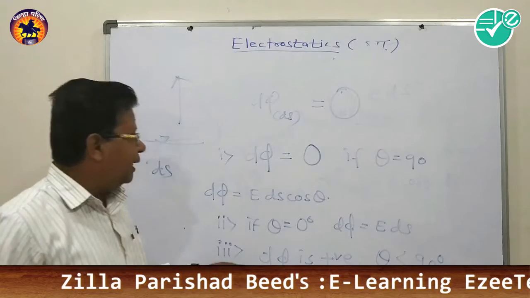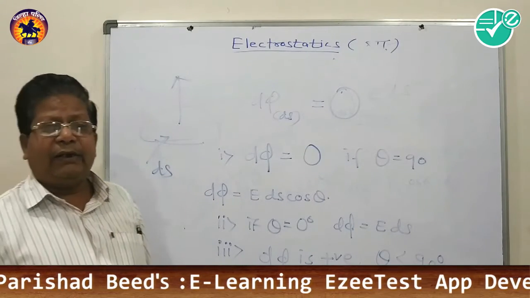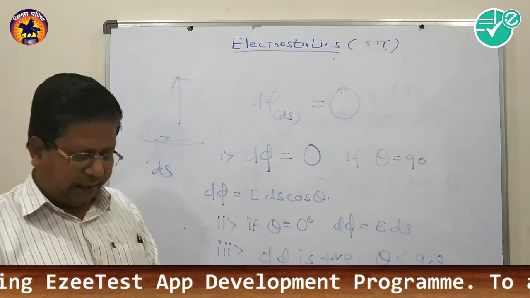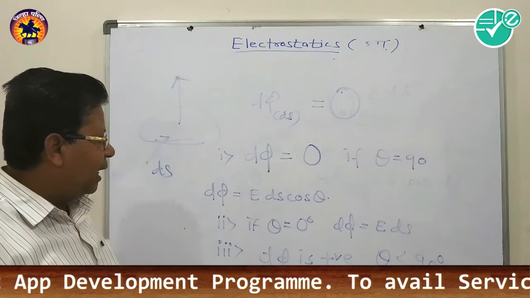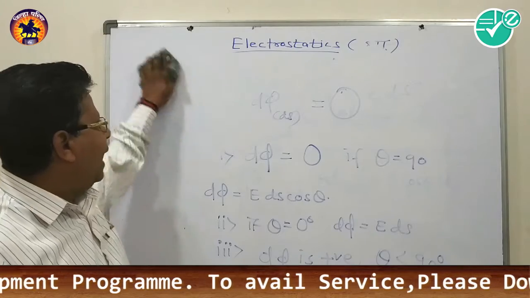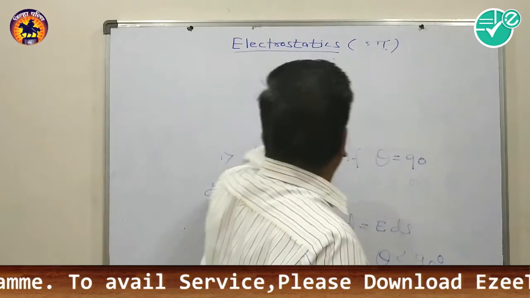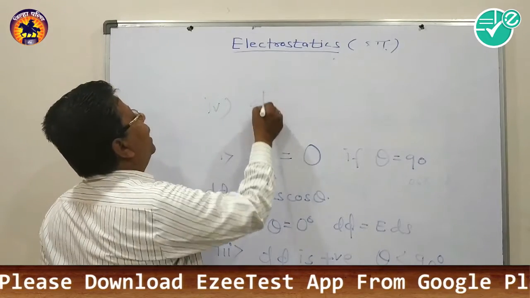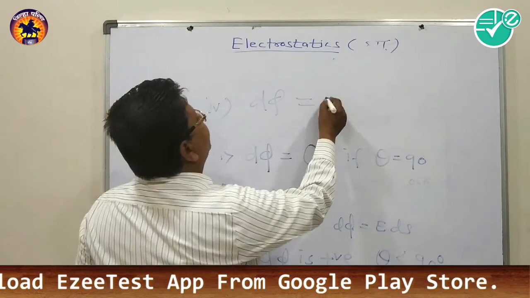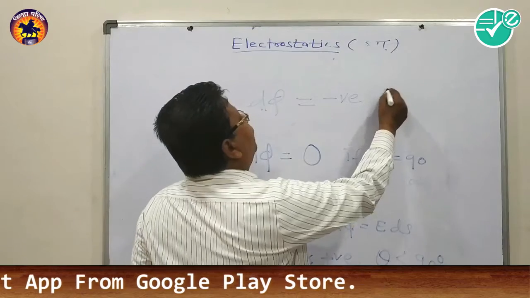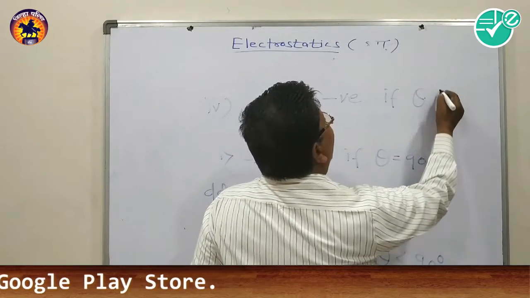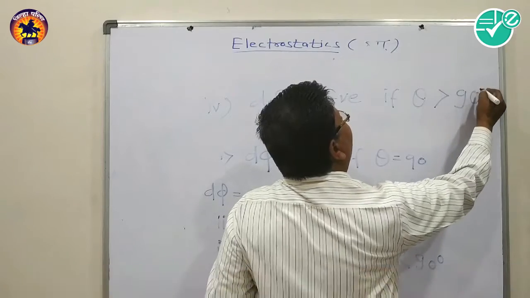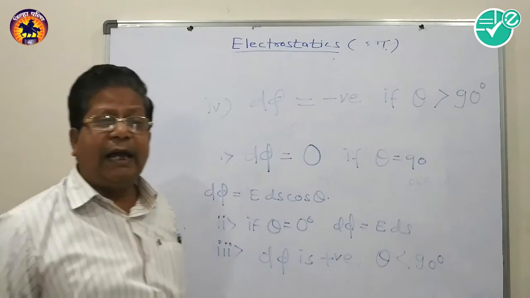If the angle theta between electric intensity and normal drawn to area ds is less than 90 degree, then electric flux becomes positive. And the final case is the electric flux through area ds is negative if angle theta between electric field intensity and normal drawn to the area ds is greater than 90 degree.